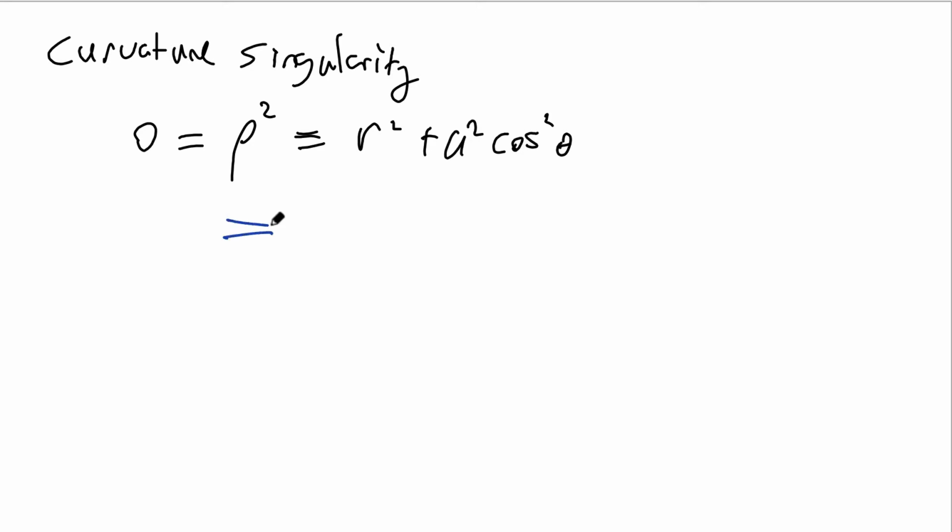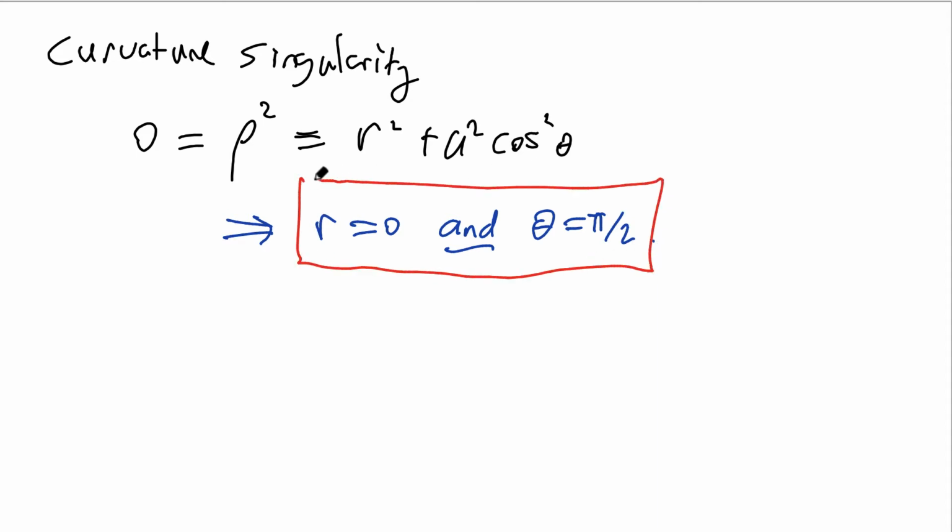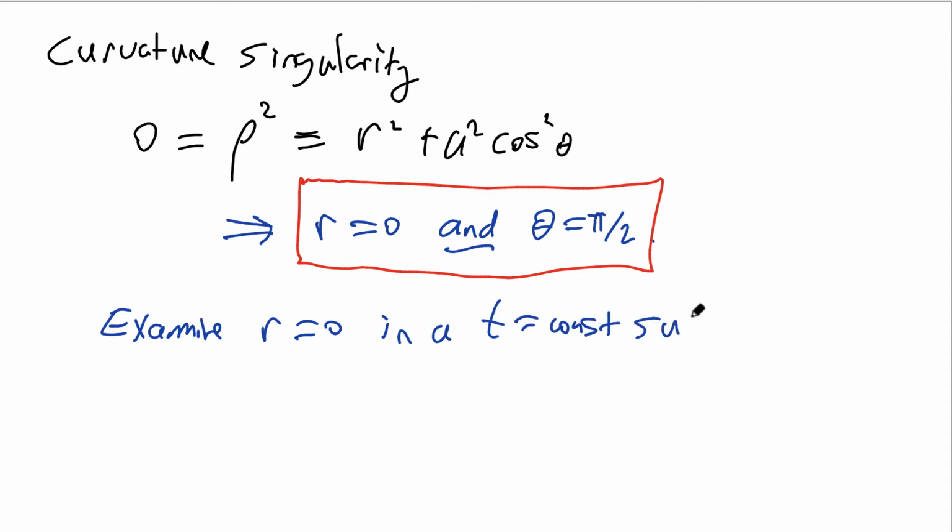So rho squared equals 0 requires both r equals 0 and theta equals pi over 2. Now, to understand the nature of this singularity, we need to examine the r equals 0 subspace within a t equal constant surface of the space-time.